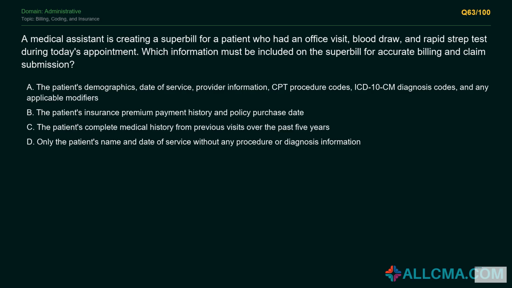Option B, the patient's insurance premium payment history and policy purchase date. Option C, the patient's complete medical history from previous visits over the past 5 years. Option D, only the patient's name and date of service without any procedure or diagnosis information.